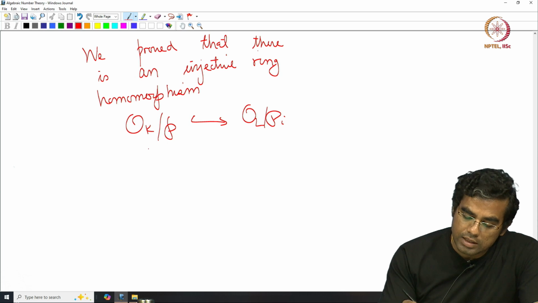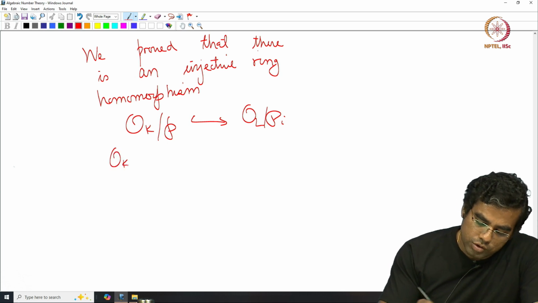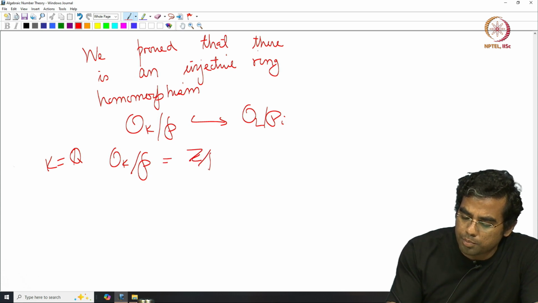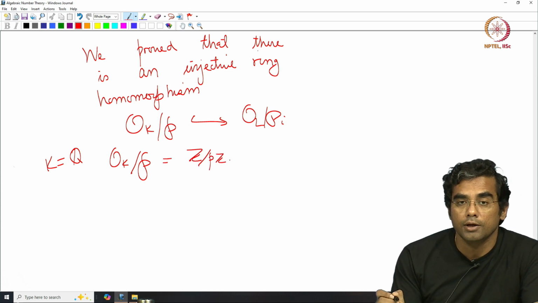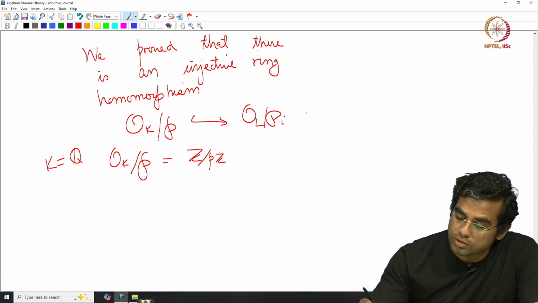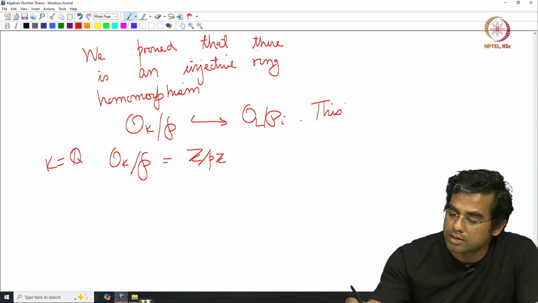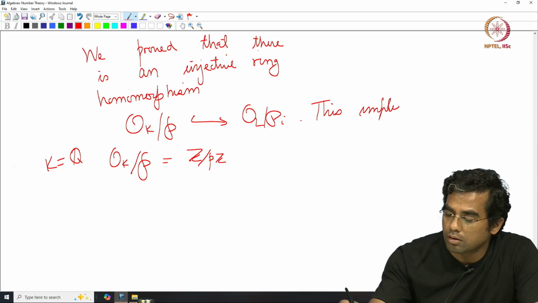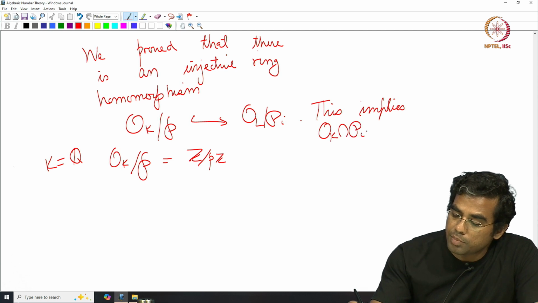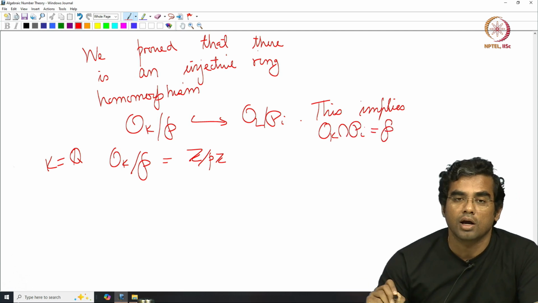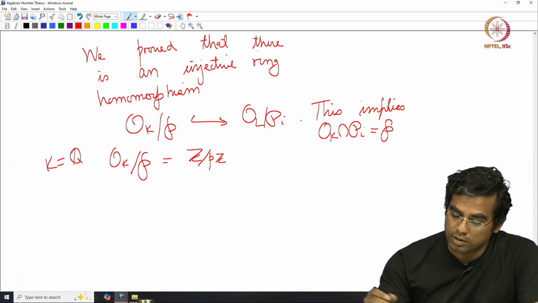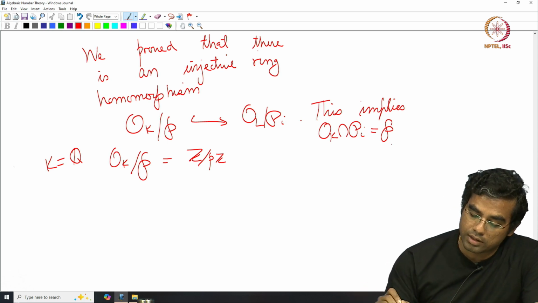But in our case, when K is equal to Q, OK mod P is just Z mod PZ. This of course implies that OK intersected with Pi is equal to P. I should have remarked that when we proved the injectivity of this map, but it is clear that it implies this.